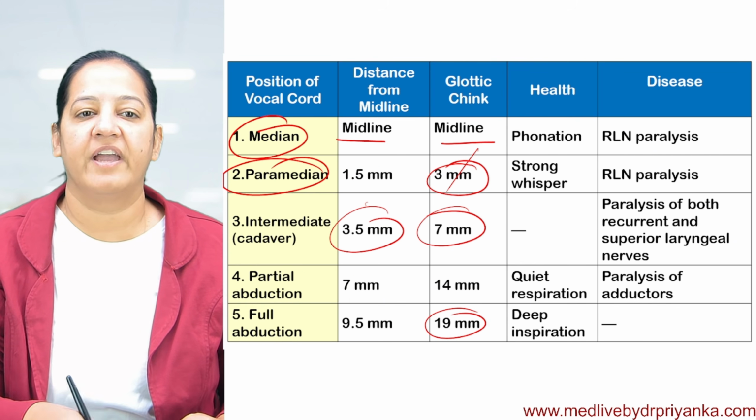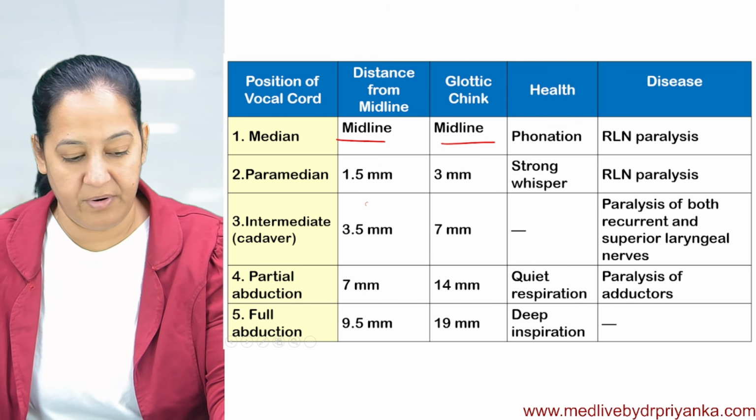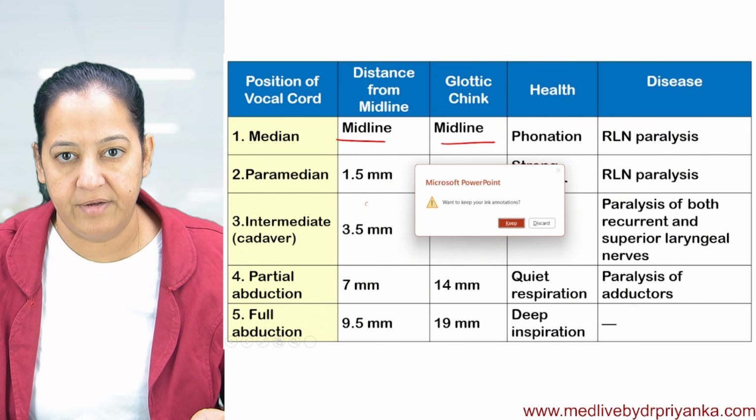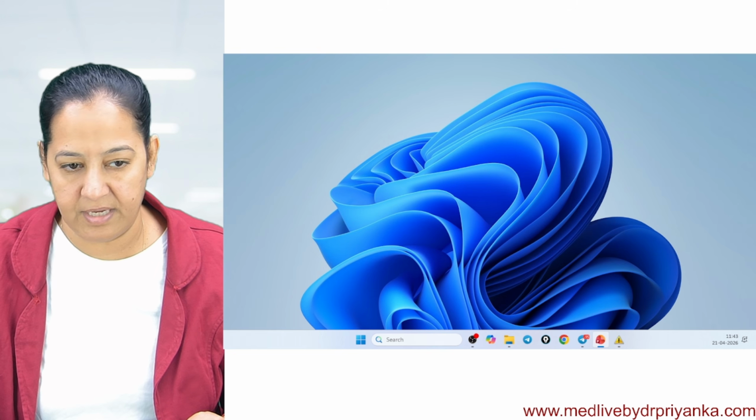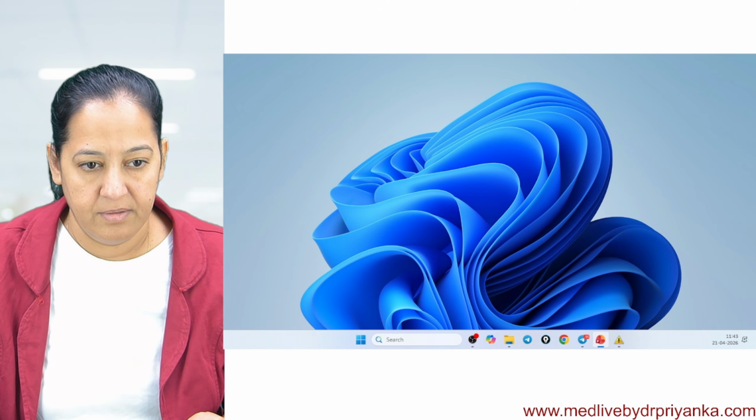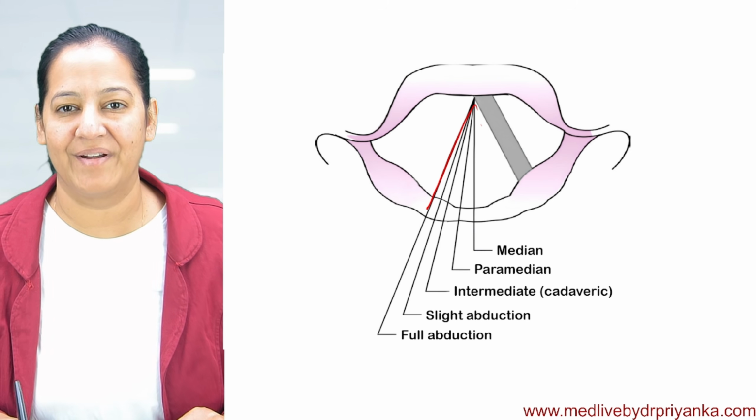Okay, I will draw the 5 diagrams for you. Give me a minute. I will try to draw all these diagrams for you. Just a second. Can you see the screen again? I guess you can. Okay, so let's draw it.